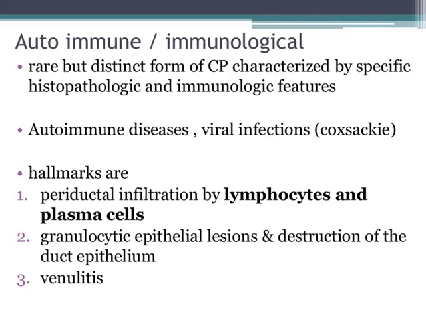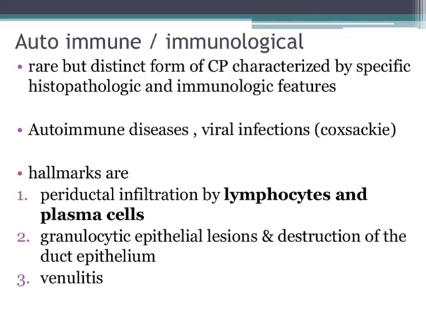Autoimmune factors. A rare but distinct form of chronic pancreatitis characterized by specific histopathologic and immunologic features. Autoimmune disease, viral infection.